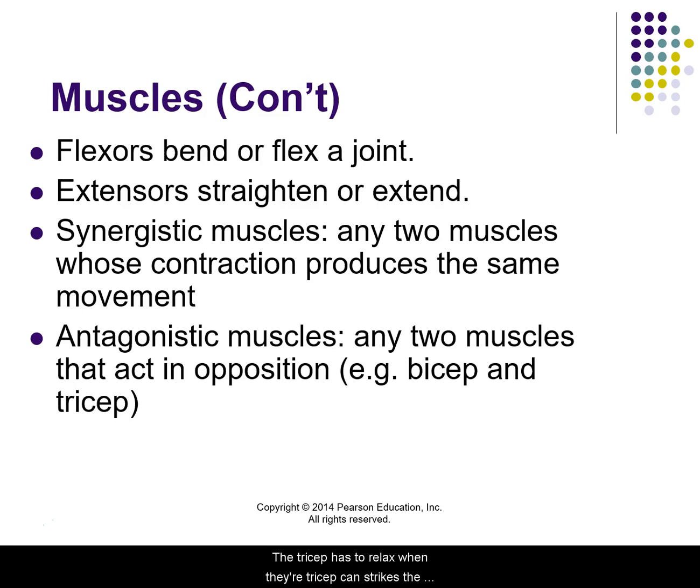When the tricep contracts, the bicep has to relax. This is what's so cool about anatomy: bicep means you have 2 muscle heads running parallel to one another, that's why it's bi-ceps, and your triceps have 3 that run parallel to one another, and that's why they're called triceps.